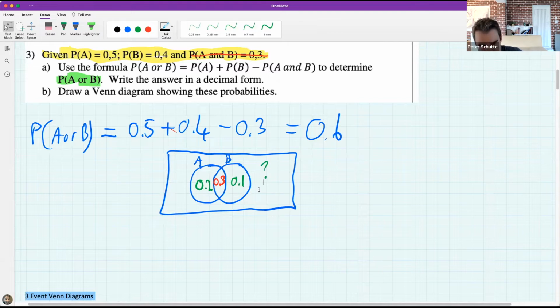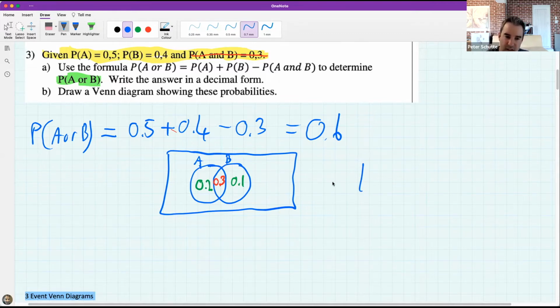And then the final one, what's going to be out here? What's going to be the probability of not A or B? Think about this outside region, the complement of A or B. Inside the sample space, the probability will always add to 1.